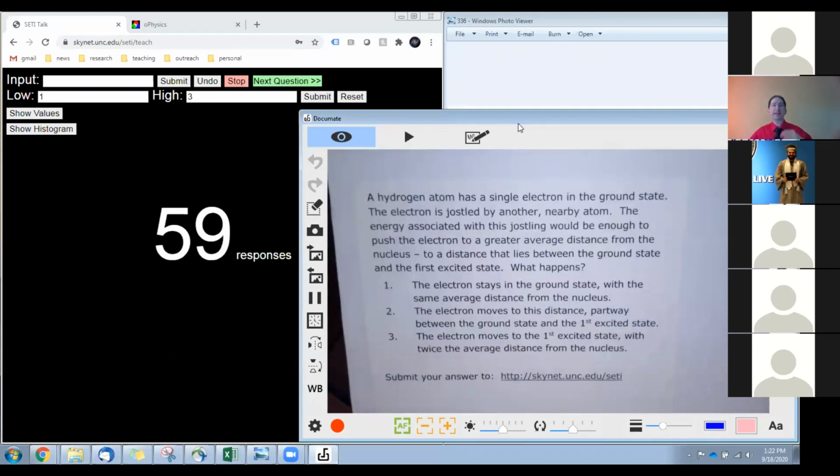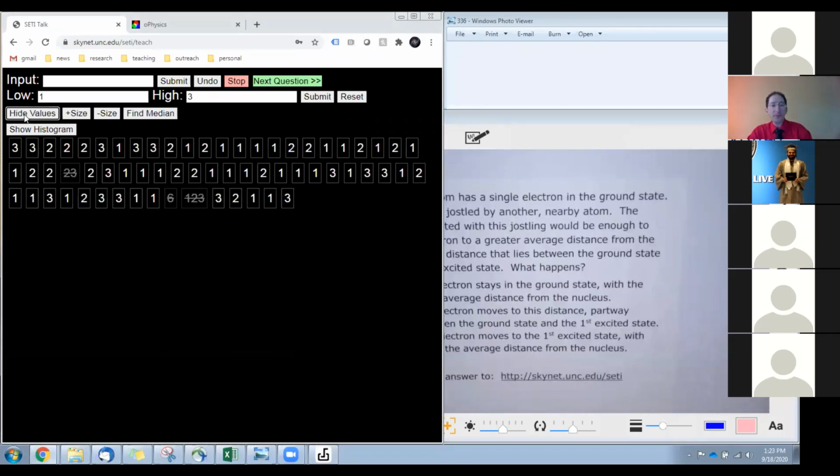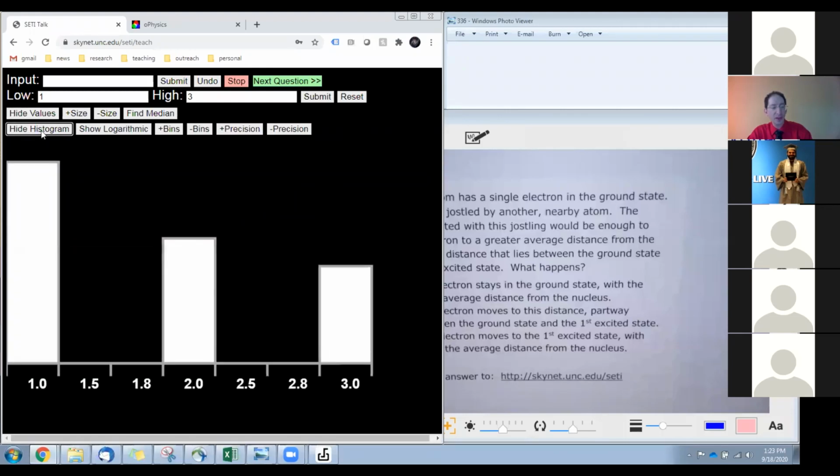Can we break 60? There, okay. Show values, 6, that's creative. And show histogram, 1, 2, 3.